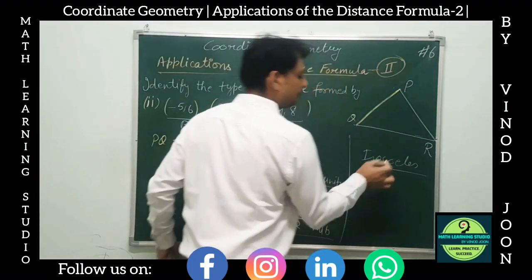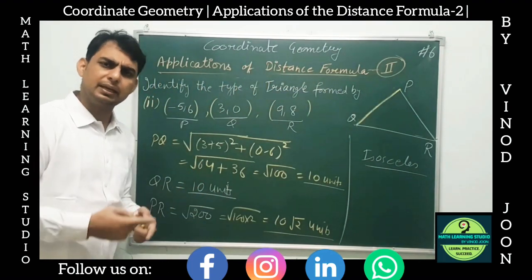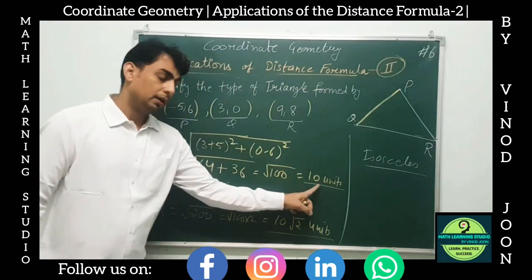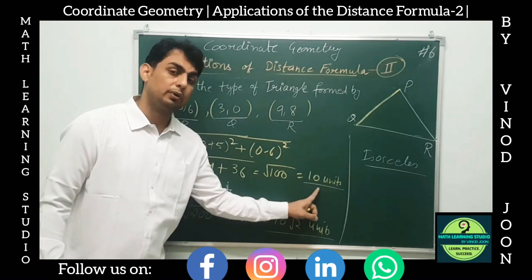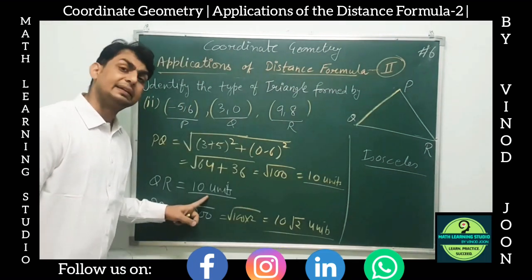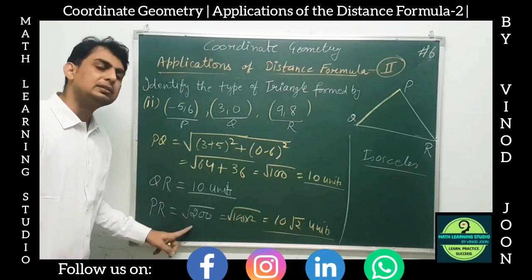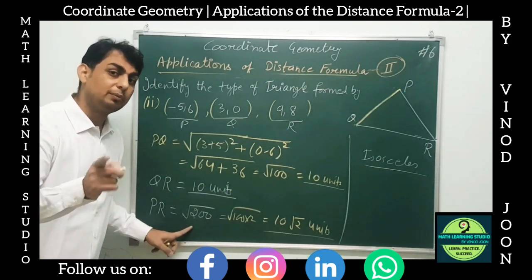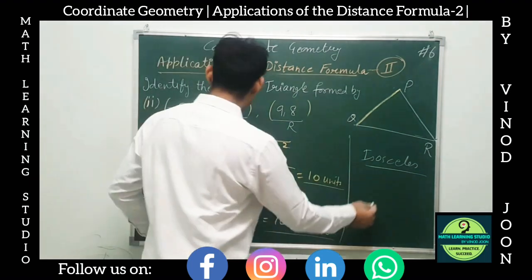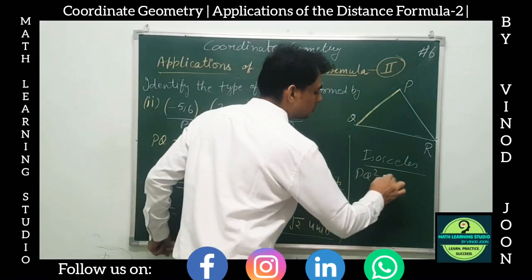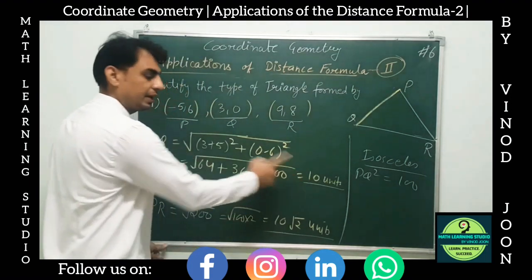But hold on, there is something else. We can see one side is 10 units, square will be 100. Yes. Second side is 10 units, square will be 100. Yes. Third side is root 200, square will be 200. That means we can write that PQ square is 100 because it is 10.